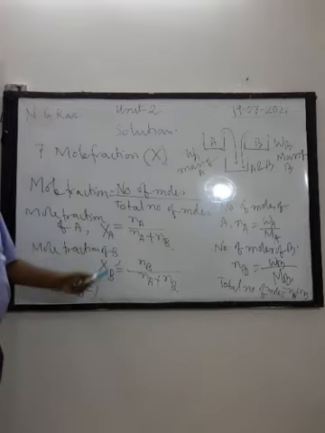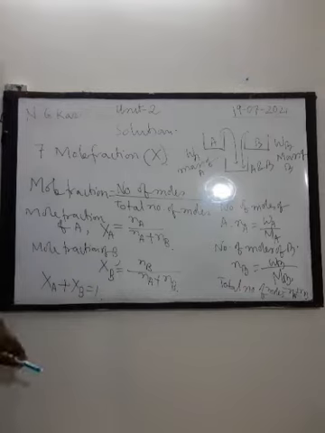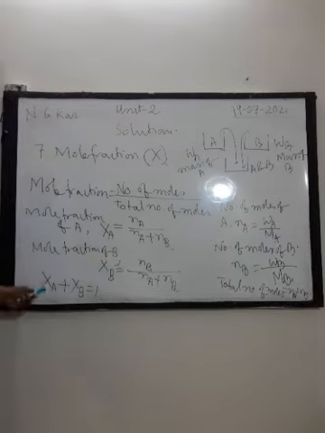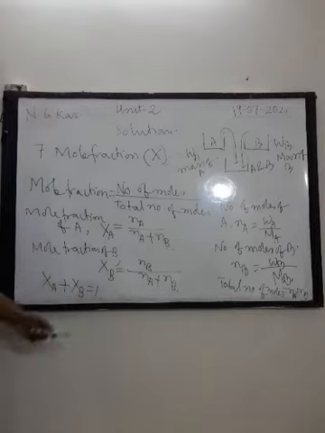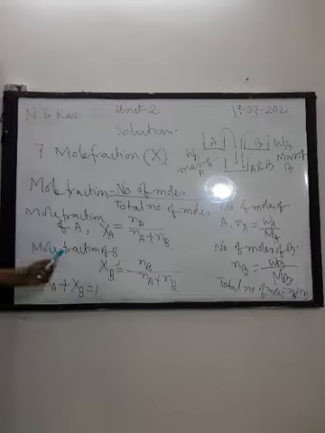Similarly, mole fraction of B, Xb, equal to number of moles of B divided by total number of moles, and always sum of mole fraction equal to 1. So if mole fraction of one component is known, then mole fraction of the other component can be easily calculated using this relation. So write this expression.